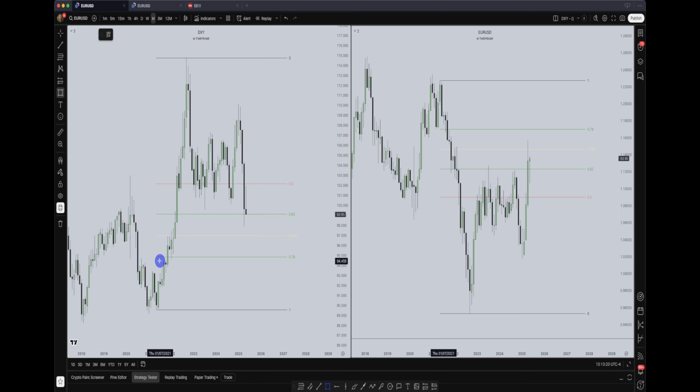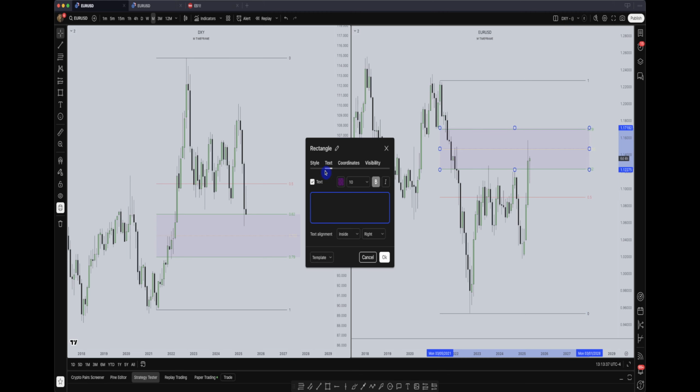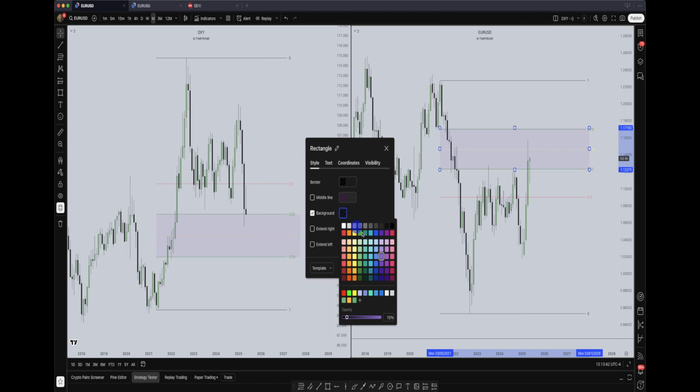This is the area we call the optimal trade entry. I think you already know this, and this is the area for the EURUSD. I will take the midline and change the color maybe so you can see it better, right?